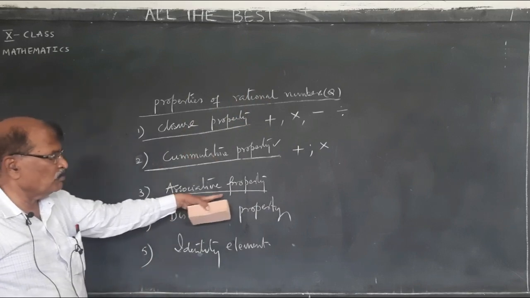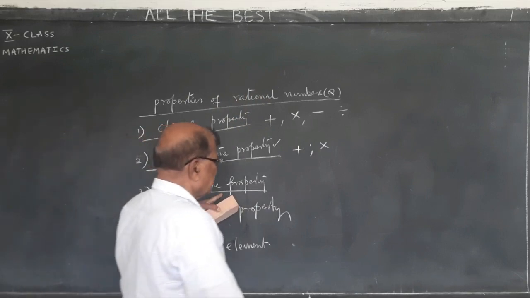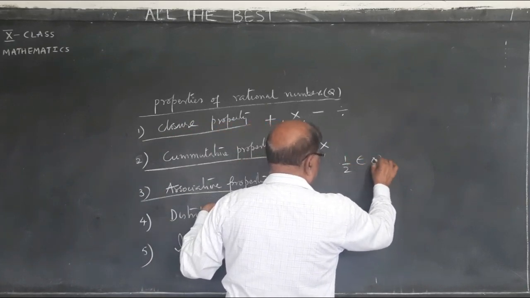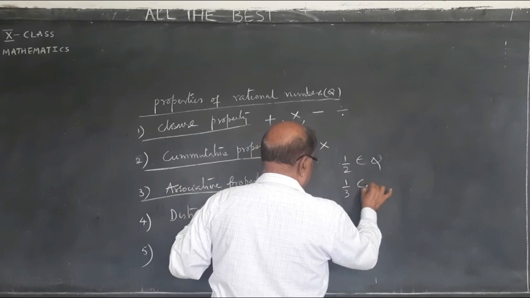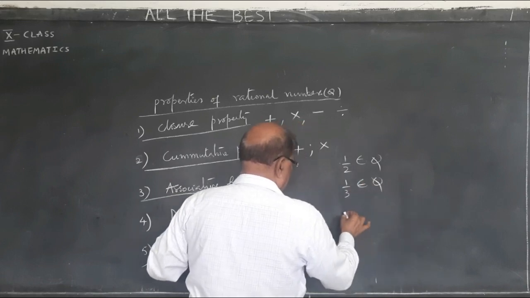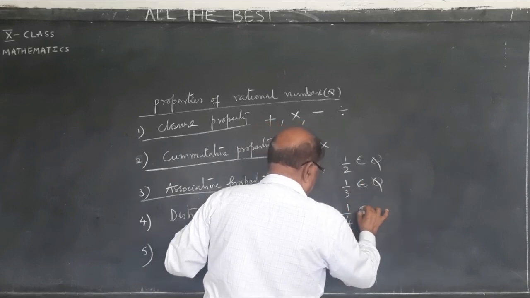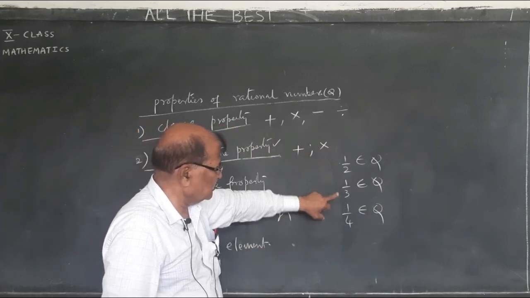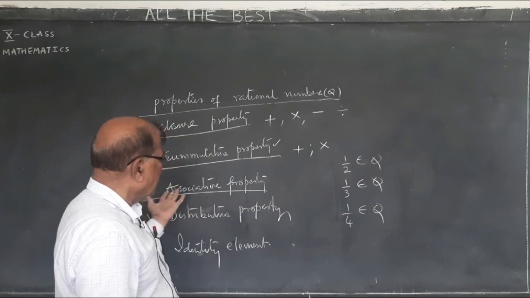Now the associative property. Let us see. 1/2 belongs to Q, 1/3 belongs to Q, 1/4 belongs to Q. So these are all rational numbers. Now let us see associative.